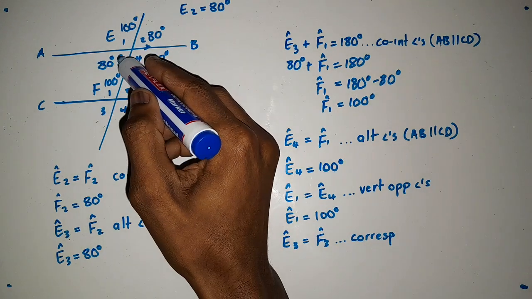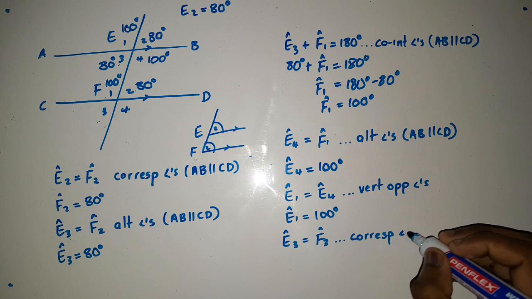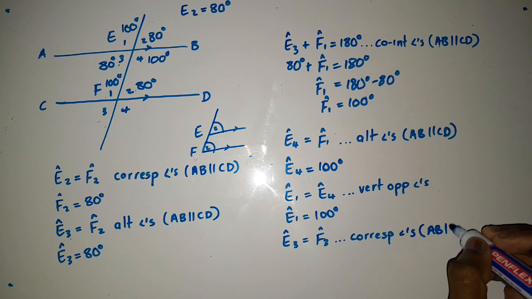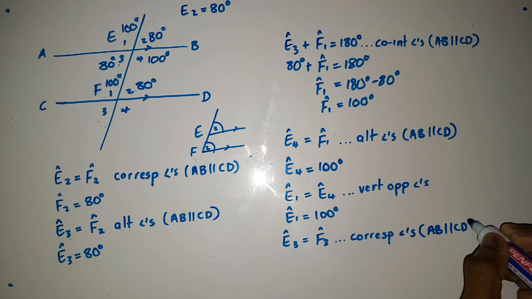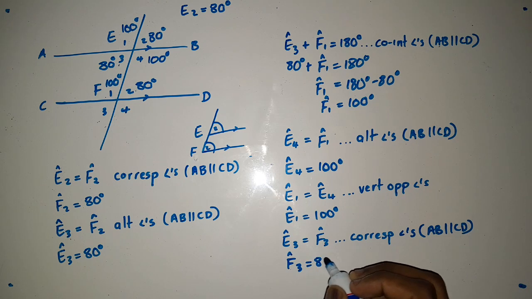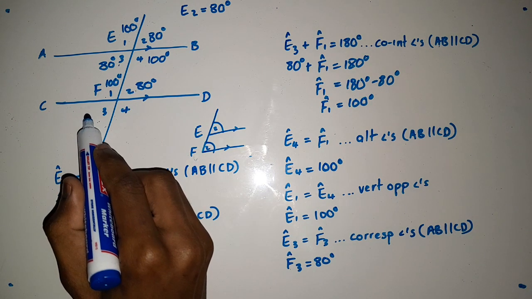You see, this one together with this one, corresponding angles. Don't forget to put that AB is parallel to CD. Then the value of F3 is going to be equal to 80 degrees like this. Then lastly, we have 80.